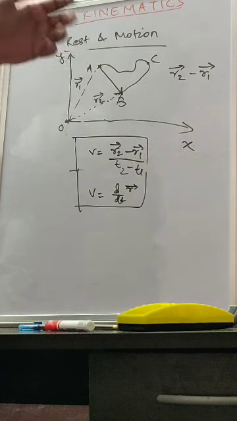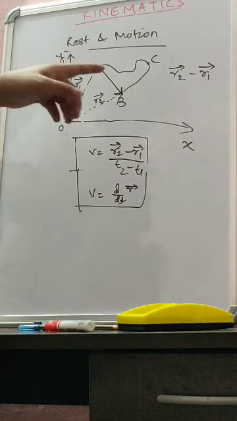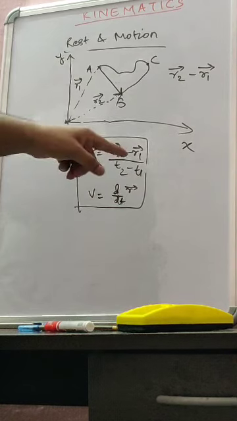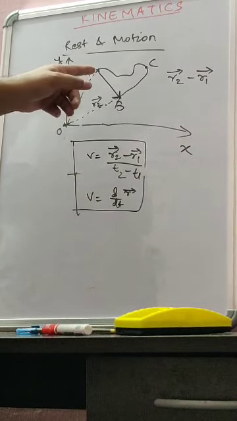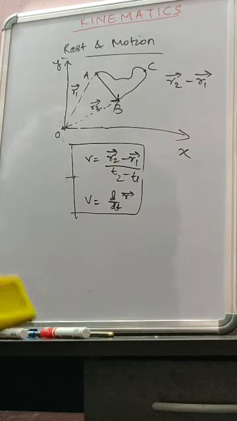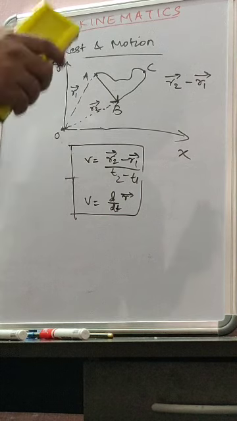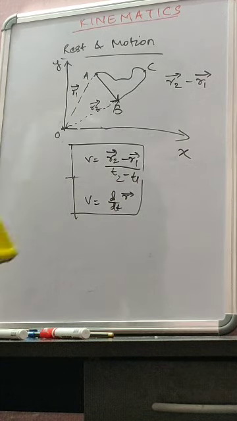ACB and AB will become the same. When will it become the same? When the time t2 minus t1 is extremely small. So this was one of the concepts, that the magnitude of instantaneous speed and the magnitude of instantaneous velocity will be the same.